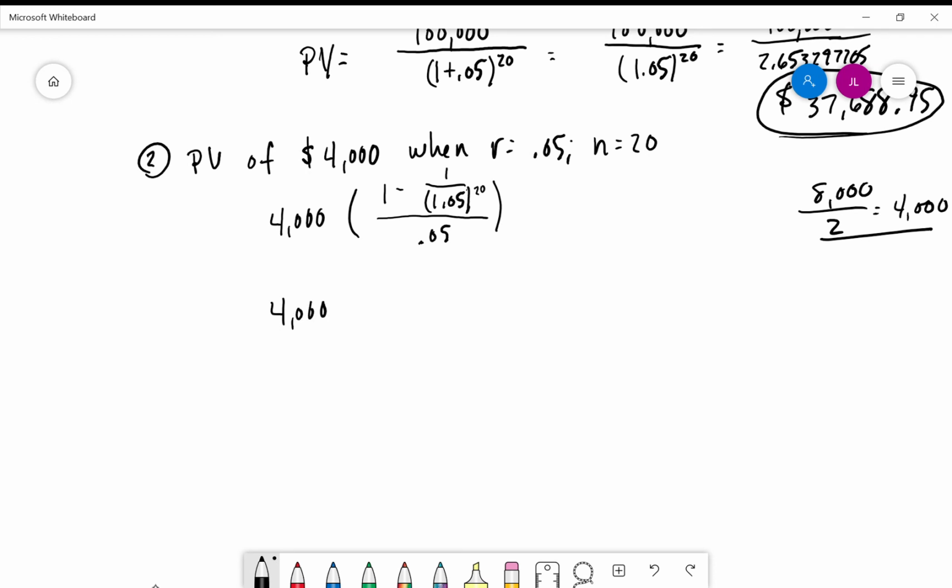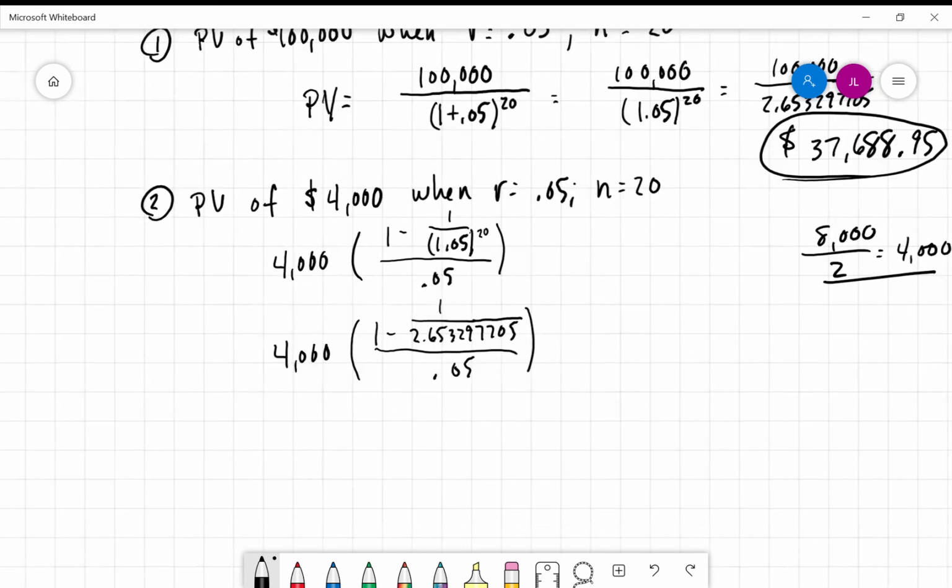We have 4,000 times 1 minus 1 over 2.6532977.05, and we have this whole thing over 0.05.